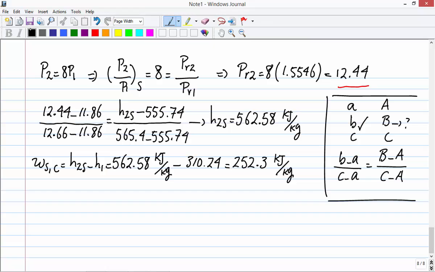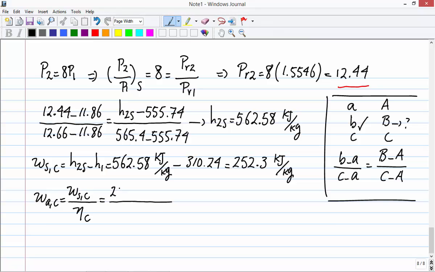Therefore, the actual work for a compressor equals the isentropic work divided by the efficiency. Just exchange those two.